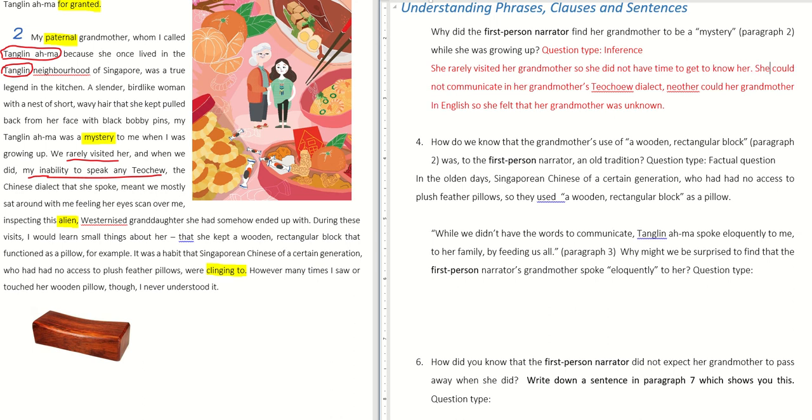Another reason, she could not communicate in her grandmother's Teochew dialect. Neither could her grandmother speak in English, so she felt that her grandmother was unfamiliar to her.